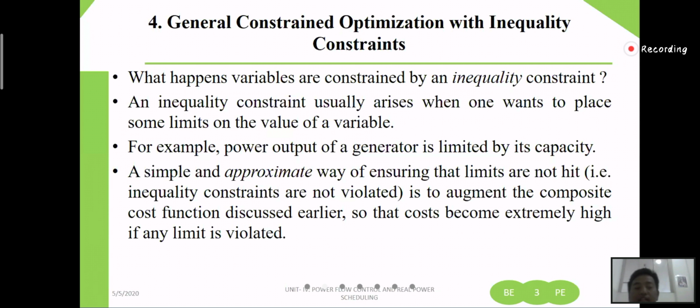To augment the composite cost function discussed earlier, the cost becomes extremely high if the limit is violated. If the inequality limit is violated, then the cost will become very, very high, which our customers will not be able to afford. So then we have to carry out the cost optimization considering the inequality constraint.